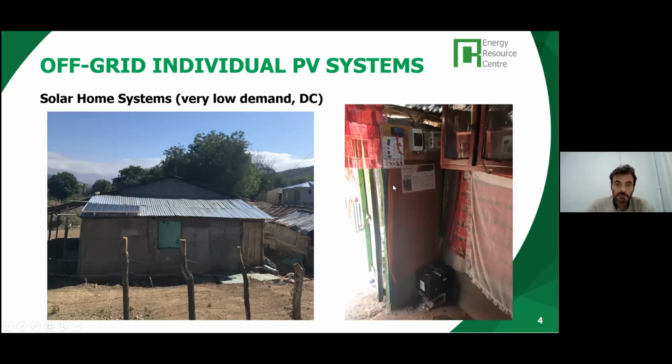Some examples. We will come back to this when we do exercises for design. This is a project I worked on for rural communities. We have solar home systems. We can see here PV panels on the roof, and then inside the house, we can see a charge controller and the battery.